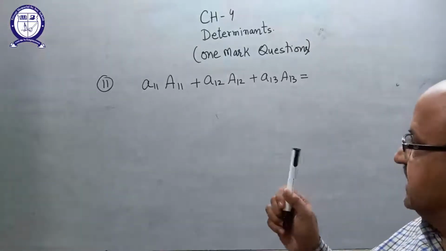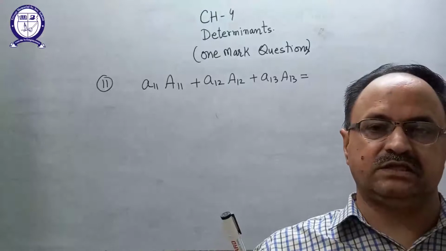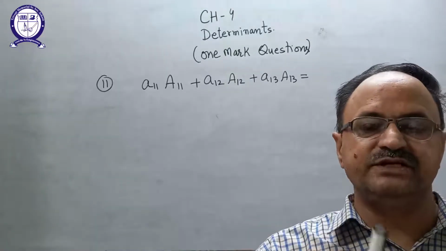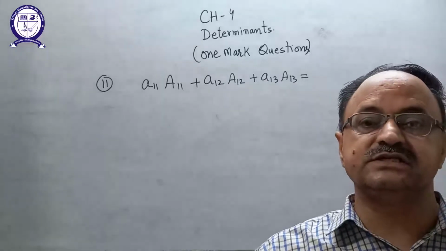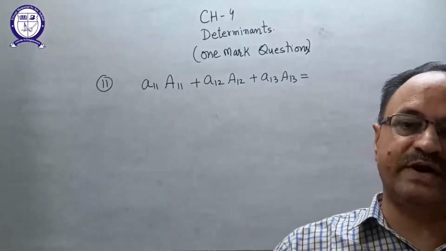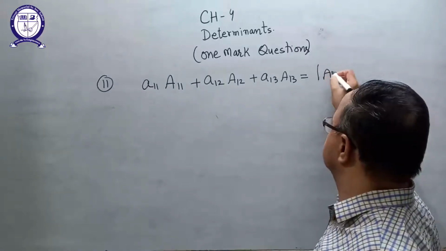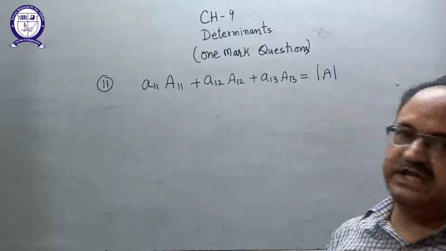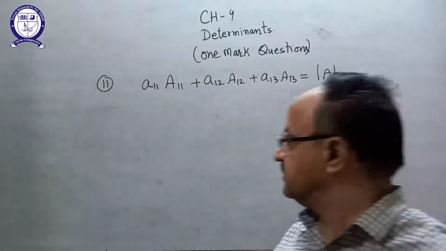When you multiply the element of any row or column with its cofactor, then the result is determinant of matrix. This is an important point. This is also the determinant of that matrix.